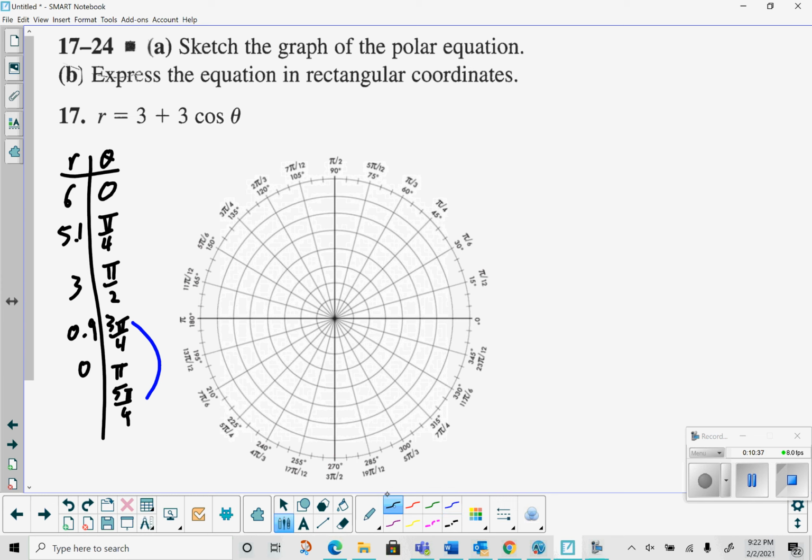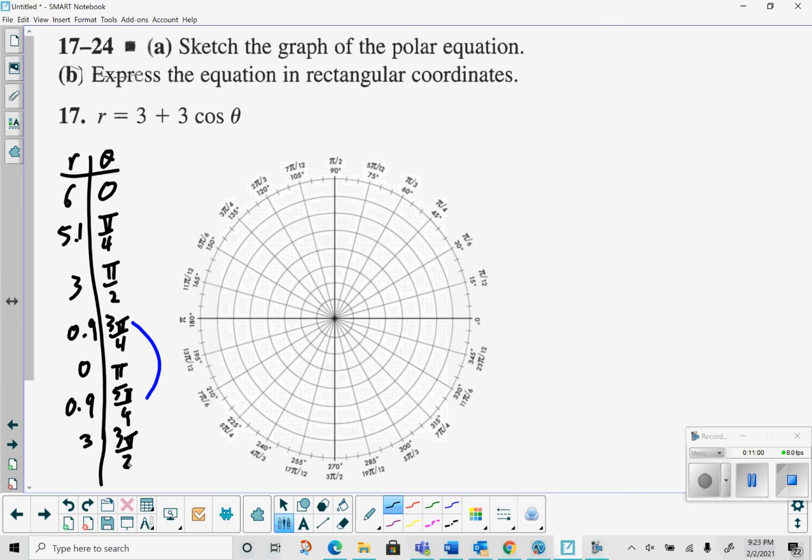I'm going to get the same answer that I got here for 3 pi over 4, so that's going to be 0.9. So if I do 3 pi over 2, okay, so it's going to have a horizontal line of symmetry here. So this is going to be 3, and then we'll be out to the 5.1, and of course back to 6.